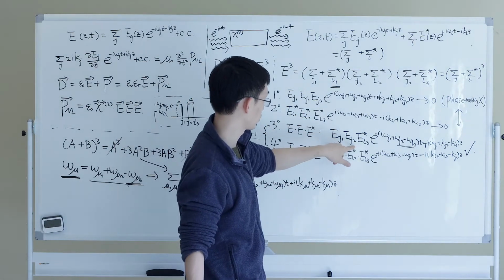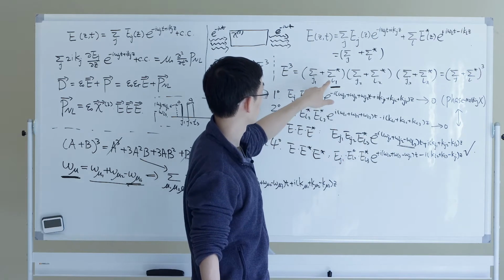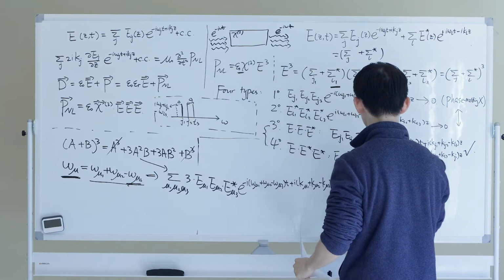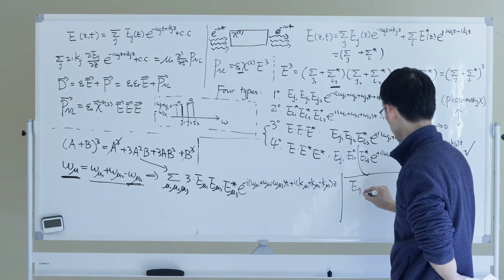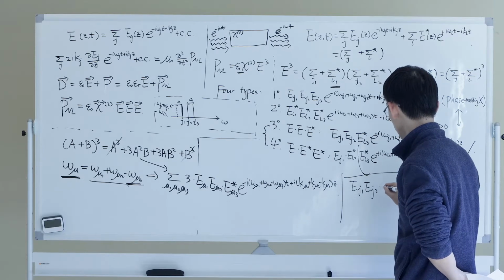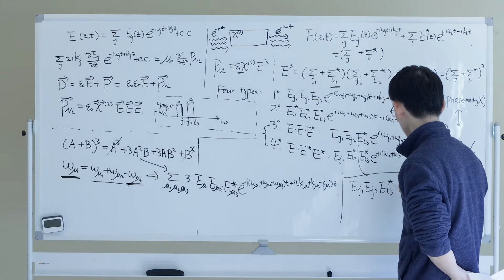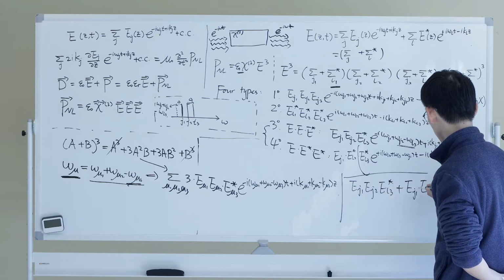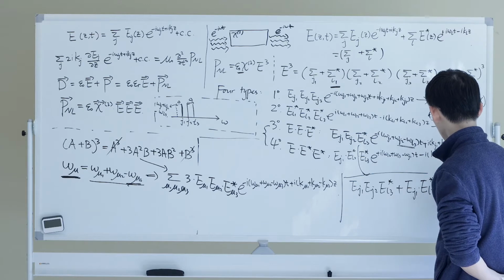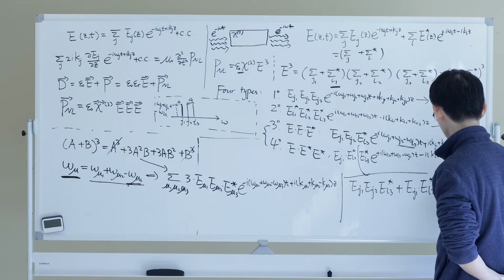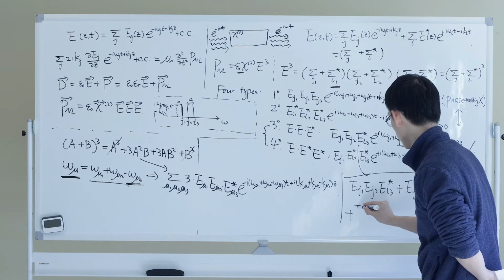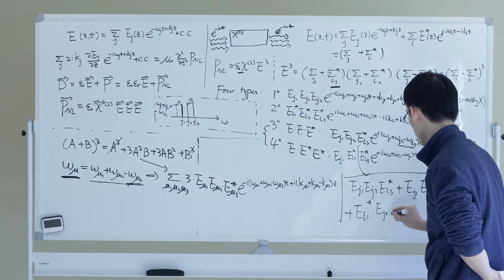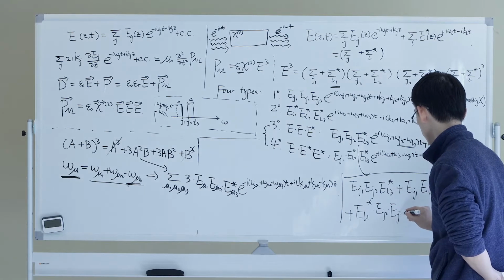One is EJ1, EJ2, EL3 conjugate, plus EJ1, EL2 conjugate, EJ3, plus, finally, the first one conjugate, EJ2, EJ3.